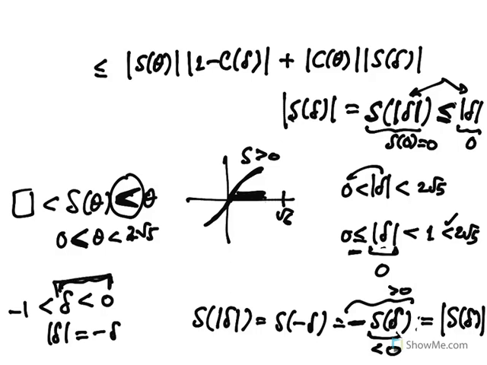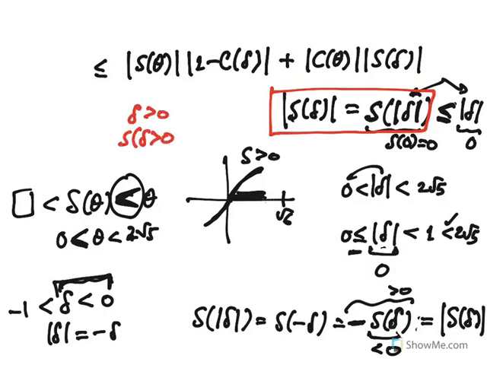Okay. When delta is positive, it's clear that this equation is true because then all the absolute value signs are redundant. Everything is positive. Right? If delta is positive, then so is s of delta. And that's because delta is limited to less than 1.